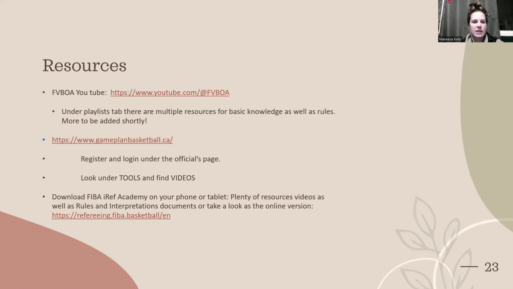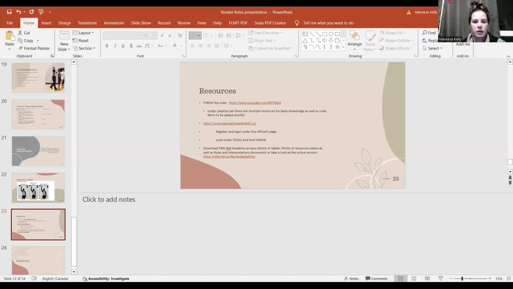So you can check those guys out. They are useful. Game Plan has a number of resources on it as well. And the FIBA IRAF Academy, which you can download on your phone, or there is the webpage as well, which if I can exit out of this, I can show you.